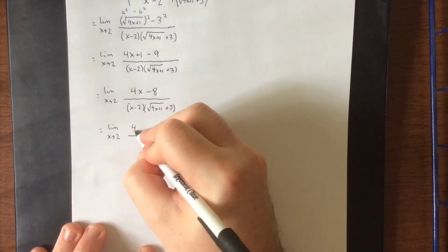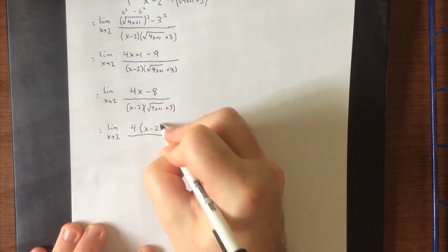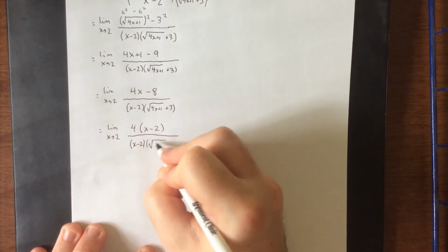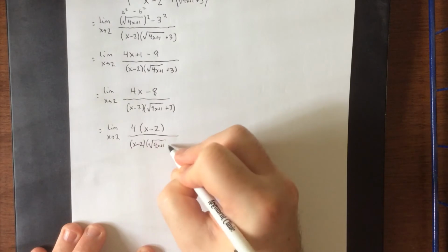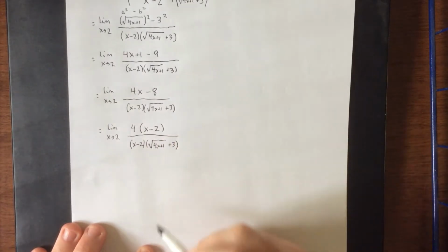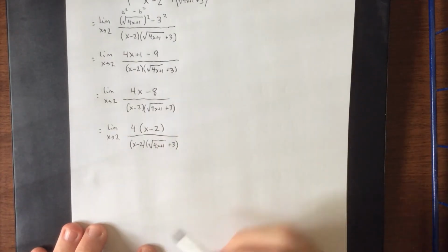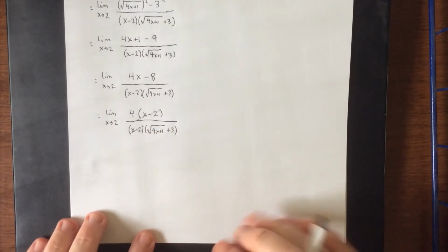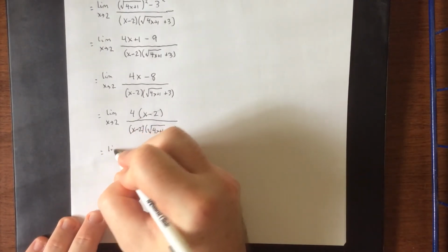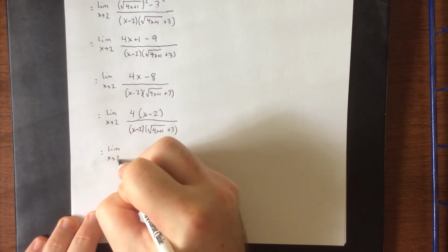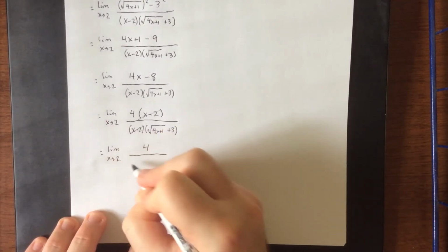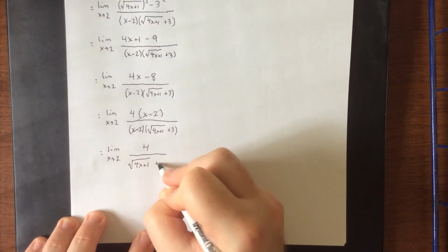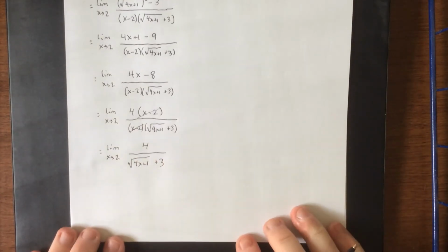Factoring out a 4 leaves us with a factor of x minus 2, and that's just good news. It is good news because we're going to eliminate the thing that was causing the 0 in the denominator with the thing that was causing a 0 in the numerator. This leaves us with the limit as x approaches 2 of 4 in the numerator, and in our denominator we have square root of 4x plus 1 plus 3.